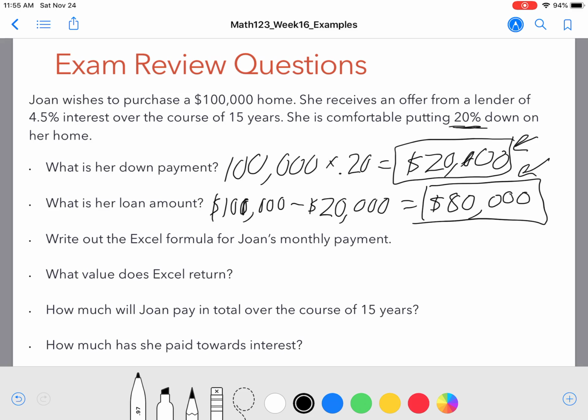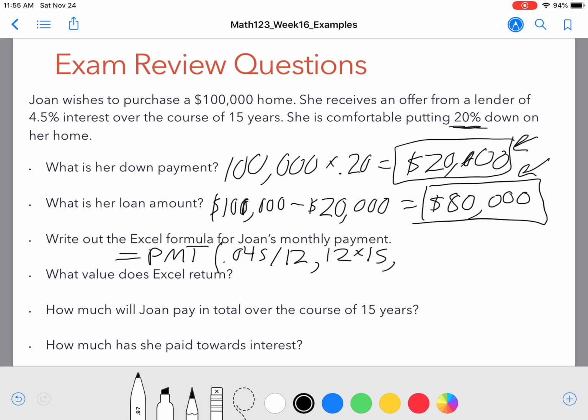And then we want to write out the Excel formula for figuring out her monthly payment. So this is going to be equals PMT. PMT helps you figure out payment. Then we put a parenthesis, and then we do her interest rate, which is 0.045. We divide by 12. We put a comma, and then we do 12 times the number of years, which is 15.